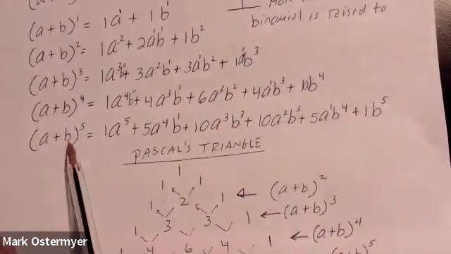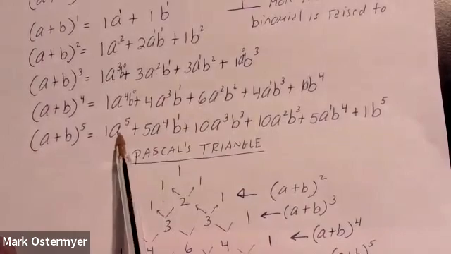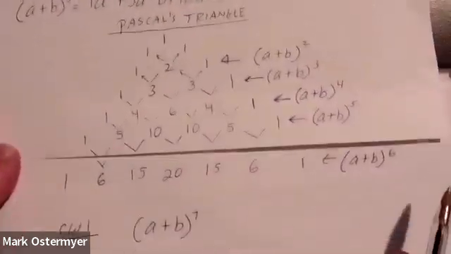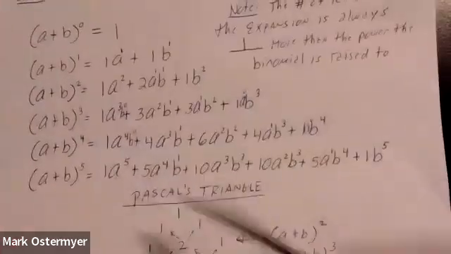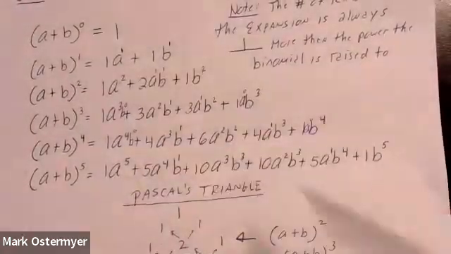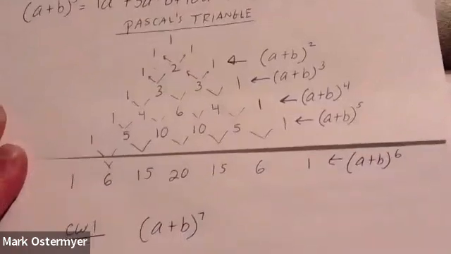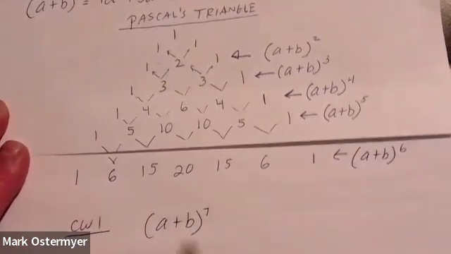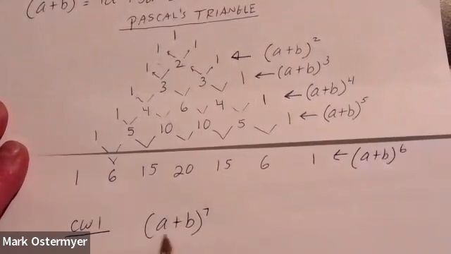The second term starts out at the 0th power, and then its power increases by 1. So see if you can, using the patterns that are obvious here, and also by establishing this last row of Pascal's triangle, write the expansion of a plus b to the seventh power.